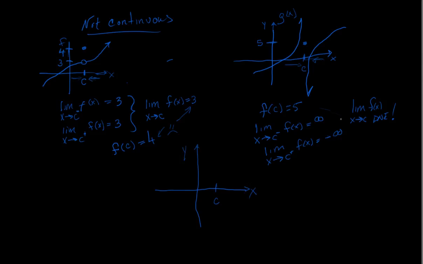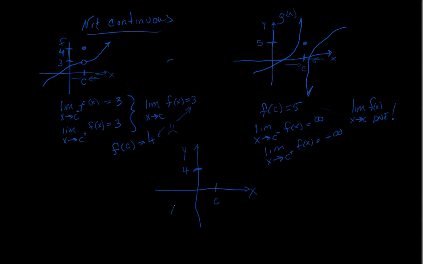We want to make sure that the limit from both sides will be the same so that the limit itself exists, and we also want to make sure that the function is defined, and that all of those are coming out to the same value. So we'll put in another value on the y-axis.